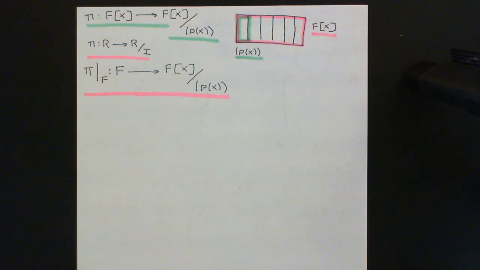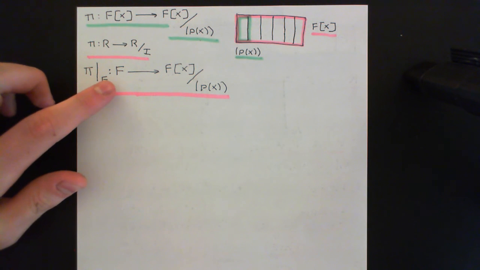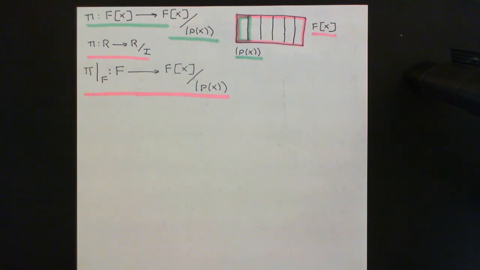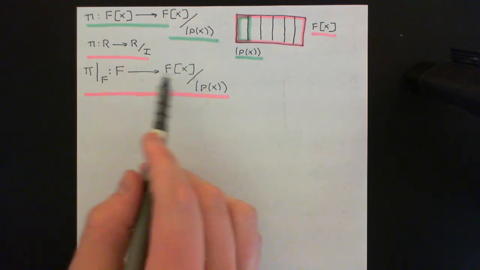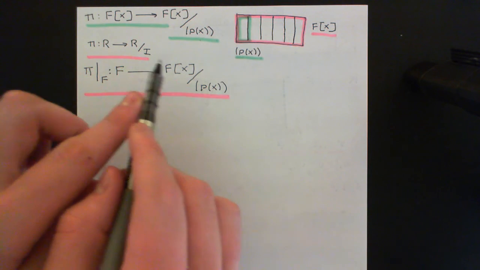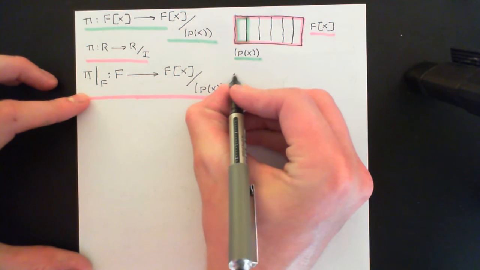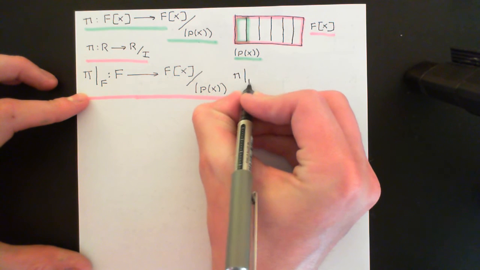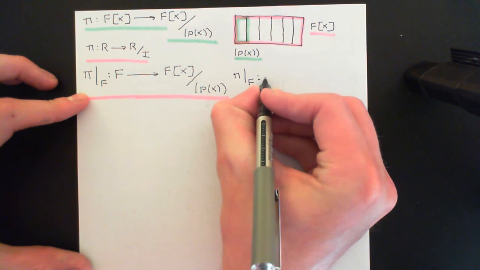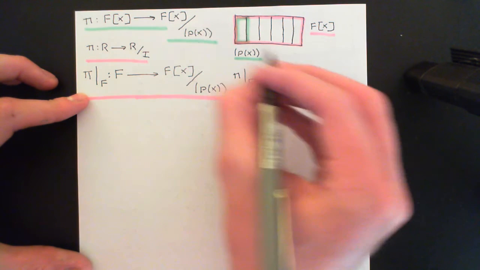Right, so excellent. We've now got our restricted ring homomorphism, and this is a map from the field capital F onto the coset that contains these constant polynomials. So any constant polynomial is just going to be mapped onto the coset that contains it. Writing this out explicitly, this mapping pi restricted to F is just going to map any element, and I won't call it X, because that's the indeterminate we're using here.